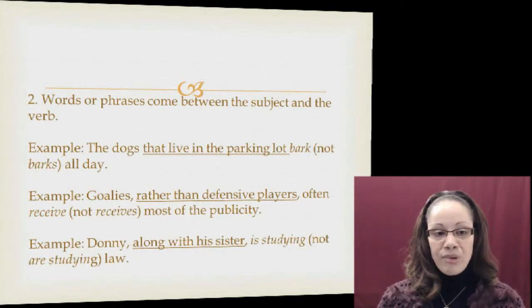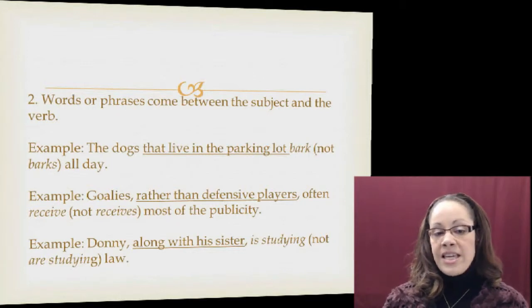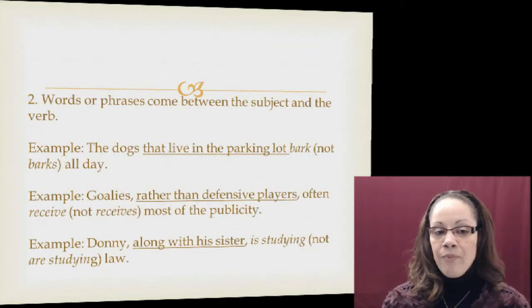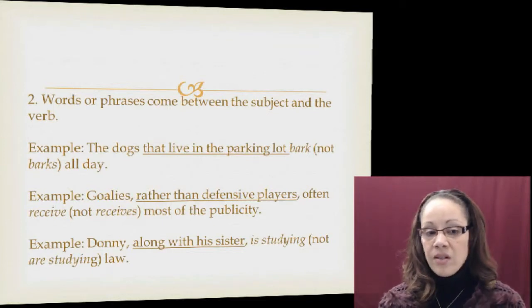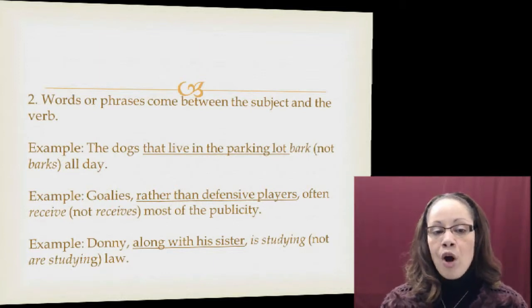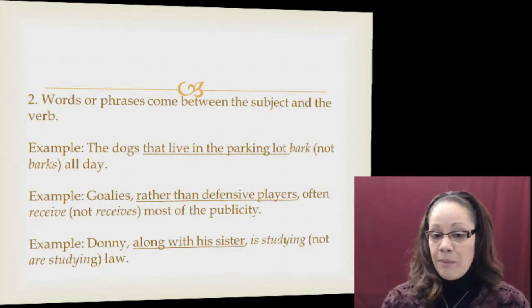Our first example is, the dogs that live in the parking lot bark all day. I've underlined the extra, the additional words that don't go with the subject or the verb of the sentence, and those words are, that phrase is, that live in the parking lot. We know that live in the parking lot is a dependent clause.